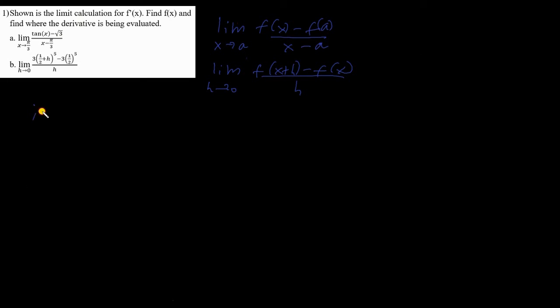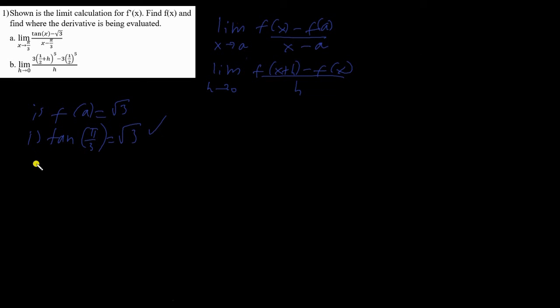So is f of a equal to square root of 3? Remember a is pi over 3, and f of x would be tangent of x. So is tangent of pi over 3 equal to square root of 3? Well, yes, it is. So we're good.